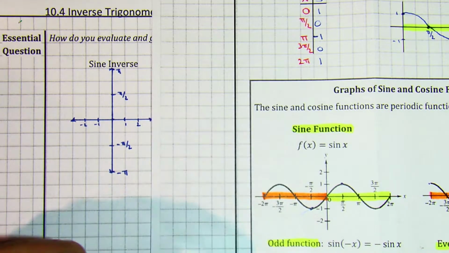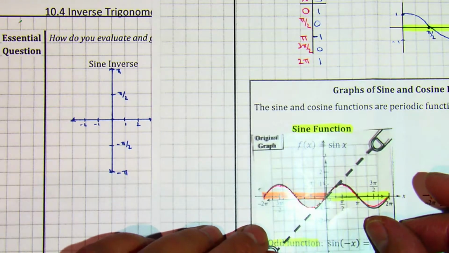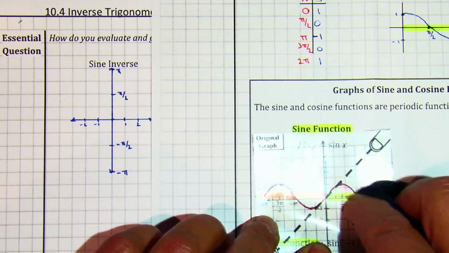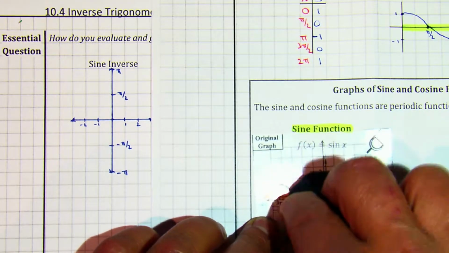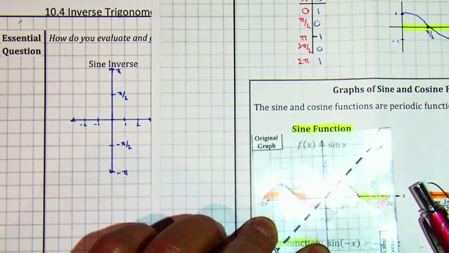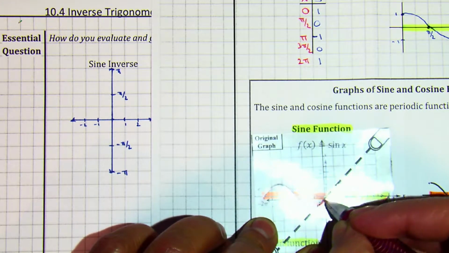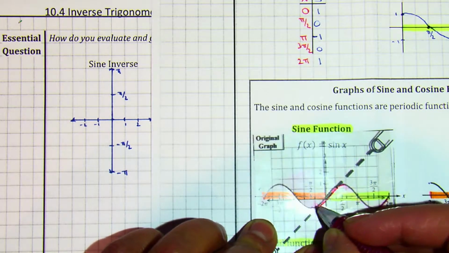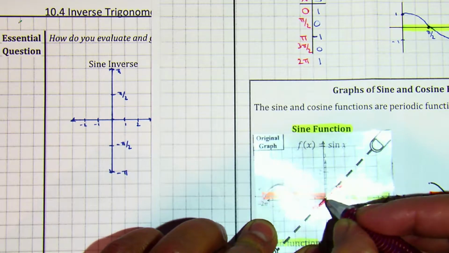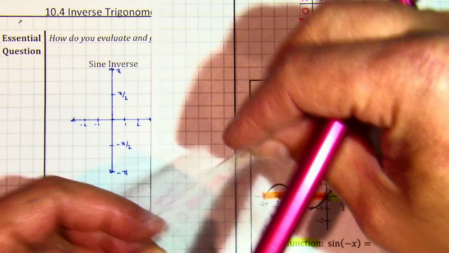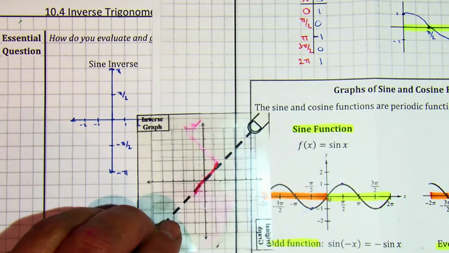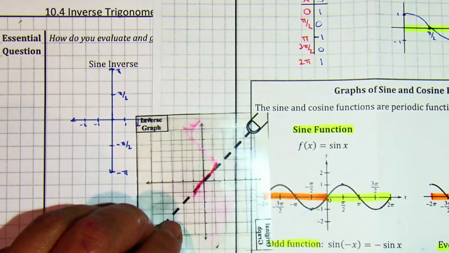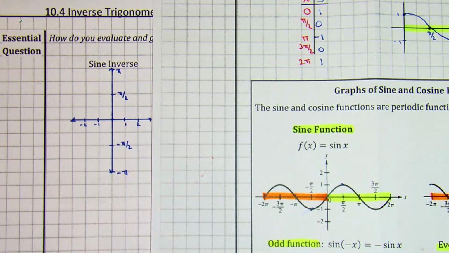So what we're going to do instead is restrict our domain for that function to be from negative pi over 2 to pi over 2. Only from here to here. And therefore, once we take the inverse, our inverse will give us all the numbers that I need, and it'll be a function itself. So let's go ahead and graph it.